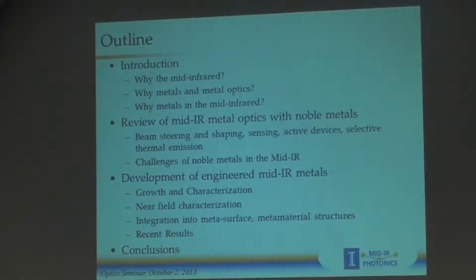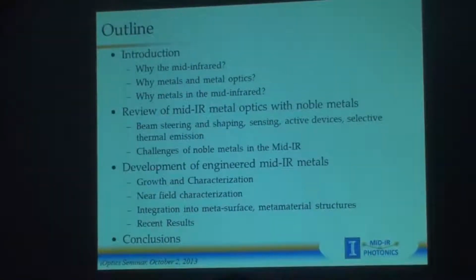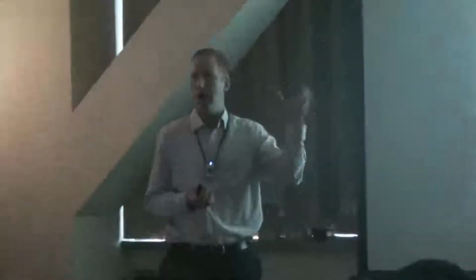So to give a brief outline of what I'm going to be talking about, first I want to tell you why we might be interested in the mid-infrared. And what I'm going to be talking about today is essentially a field of optics that we call metal optics. So why would we be interested in using metals, and in particular why we might use metals in the mid-infrared. So I'll talk about some of our work in the mid-IR using noble metals, traditional metals, the things that you would think of as metals that one might use in optics.